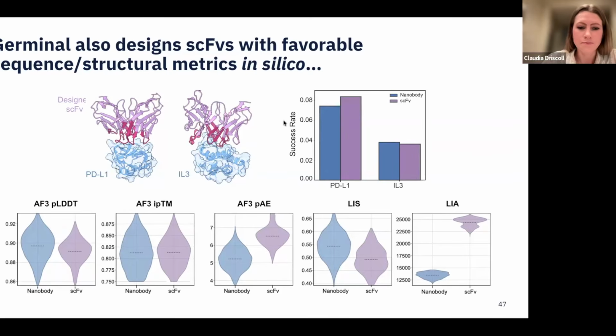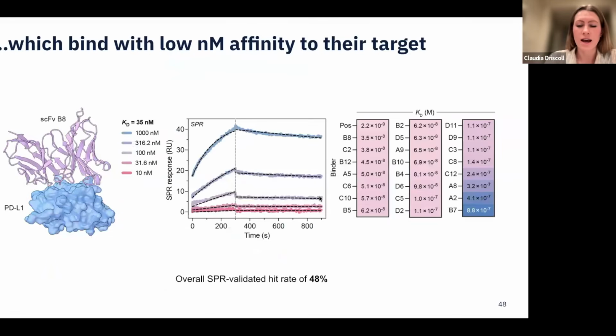Thank you. So, favorable metrics comparable to nanobodies for SCFVs, and we partnered with the fantastic Adaptyv to screen these directly by SPR, and we were excited to see our binders showing low nanomolar affinity, in the 30 to 100 nanomolar range, across 23 of the 48 designs screened, which was very encouraging.